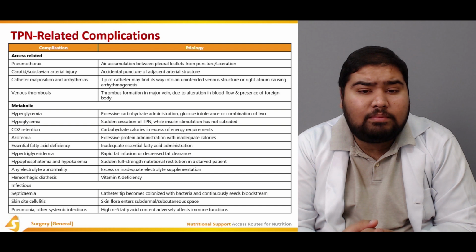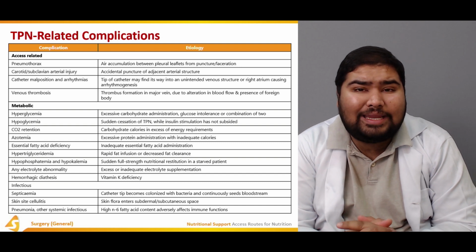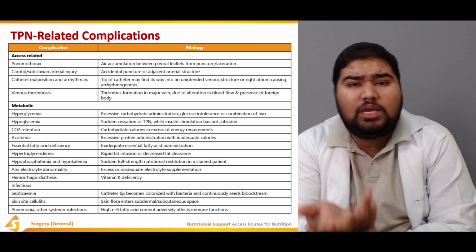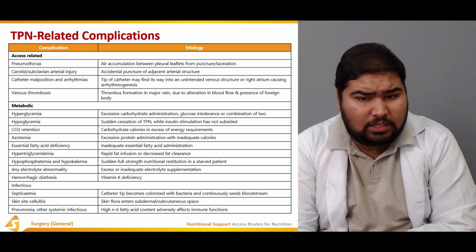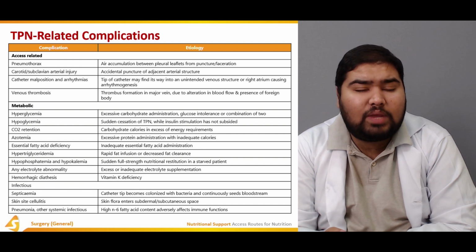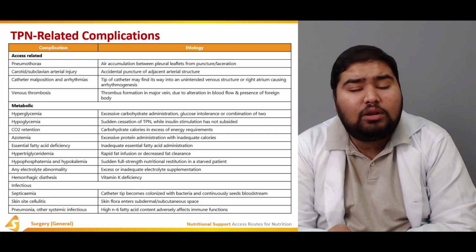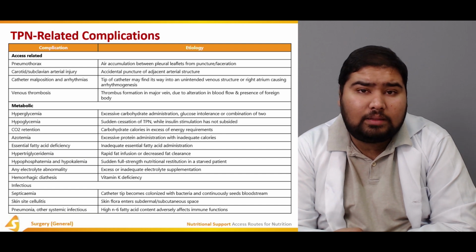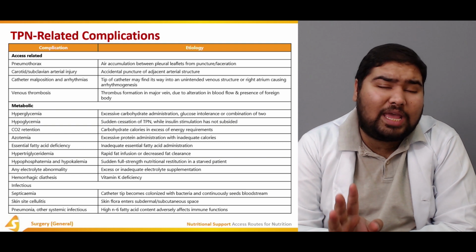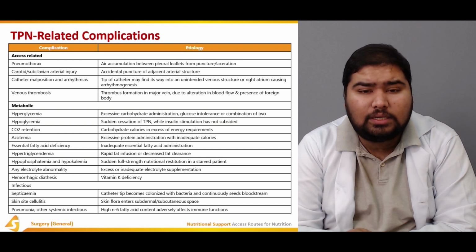Then there can be catheter malposition and arrhythmias. Now the tip of the catheter, which is being used to administer the TPN, may find its way into an unintended venous structure or the right atrium itself, and the position of the catheter at that sensitive point may lead to arrhythmias in the heart.